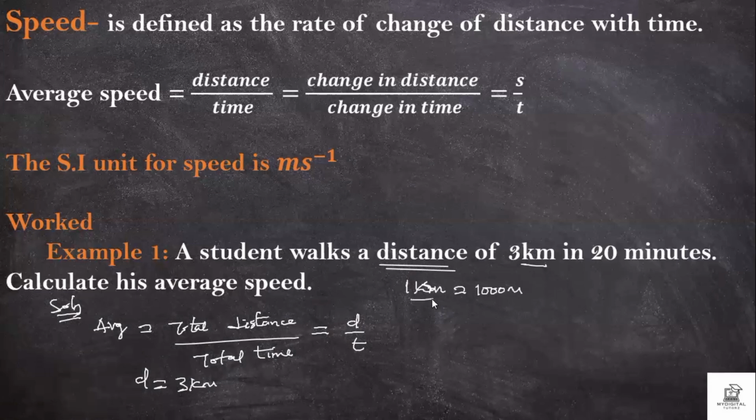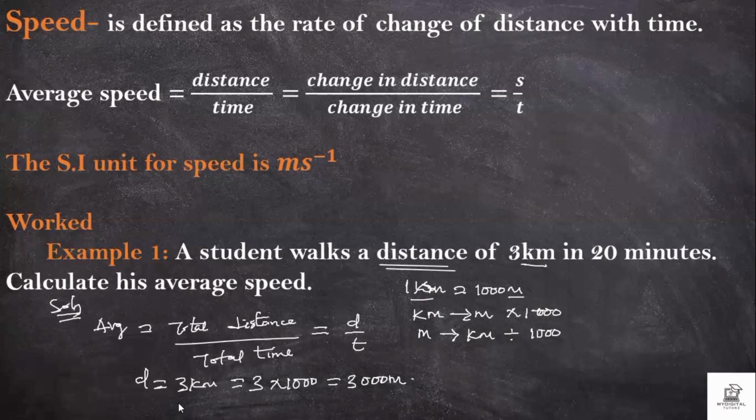Kilometer is the bigger unit, meter is the smaller unit. Converting from kilometer to meter, you multiply by the conversion rate, 1,000. Converting from meter to kilometer, you divide by 1,000. So 3 kilometers is 3 multiplied by 1,000, which gives 3,000 meter.